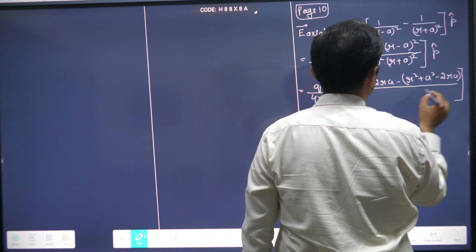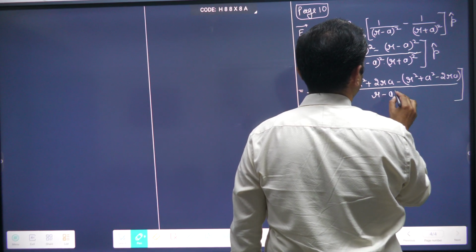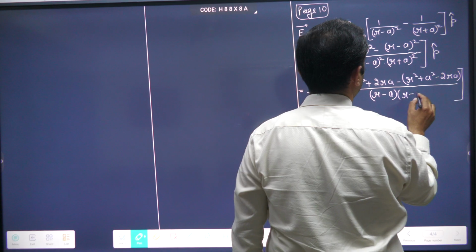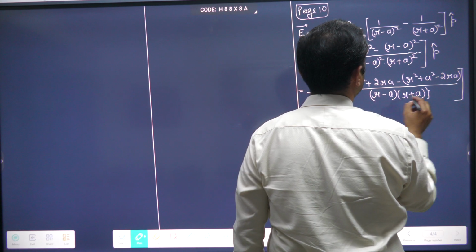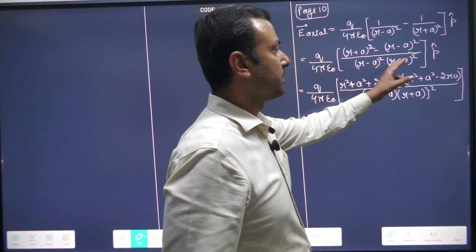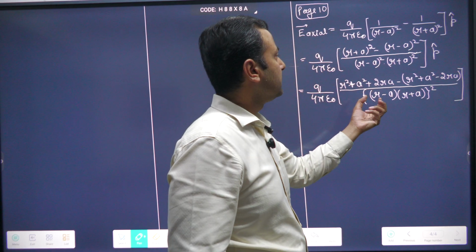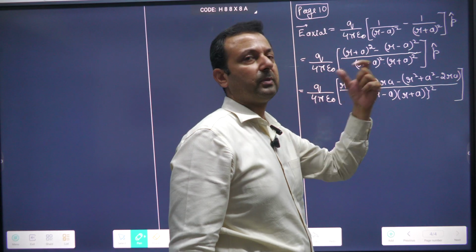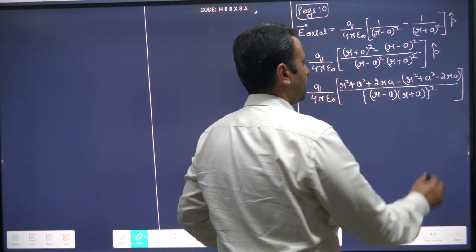In the denominator, r minus a whole square and r plus a whole square, so we can write them together like r minus a into r plus a's whole square. Okay, and p cap.